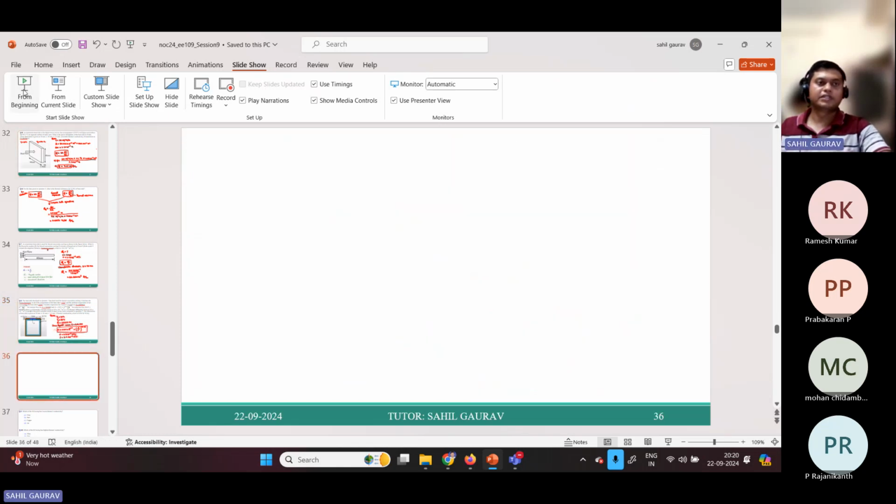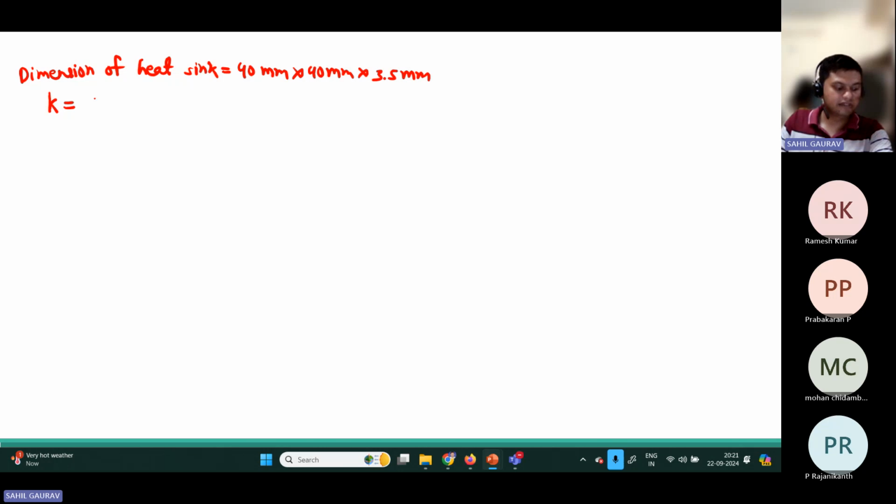Now coming to the next page. The dimension of the heat sink is also given as 40 mm cross 40 mm cross 3.5 mm, and the thermal conductivity K is given as 0.026 watt per degree Kelvin per meter.